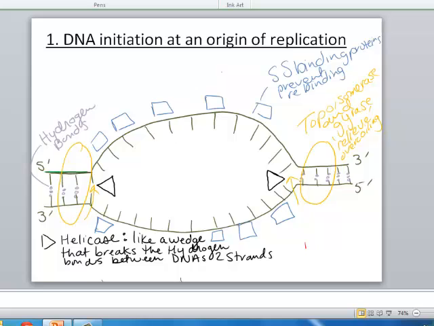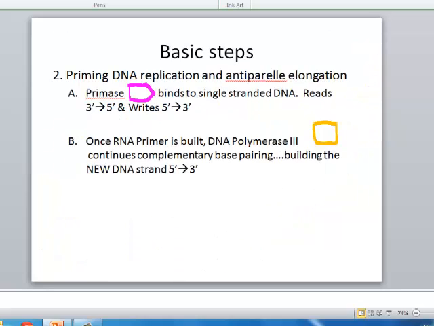Now we're ready to move on to our next step, which is priming DNA replication, because unlike what you learned in earlier years, DNA replication can't just do its little thing and make A with T, C with G with semi-conservative replication. It doesn't work that way. There's also anti-parallel elongation, because it's one of those: you do this, you do that, you go back and do this, you do that.